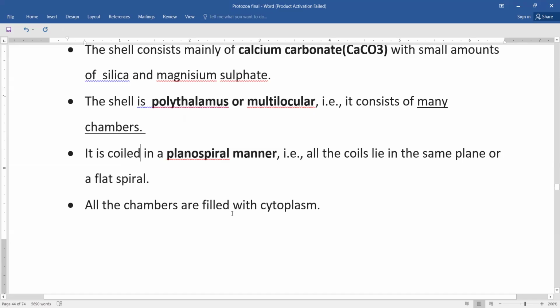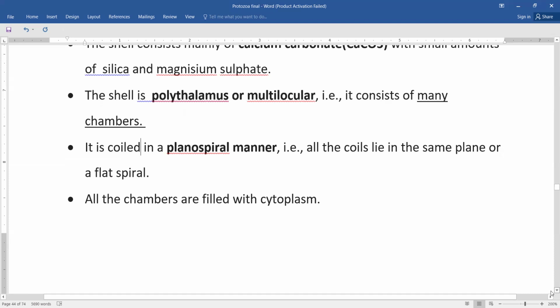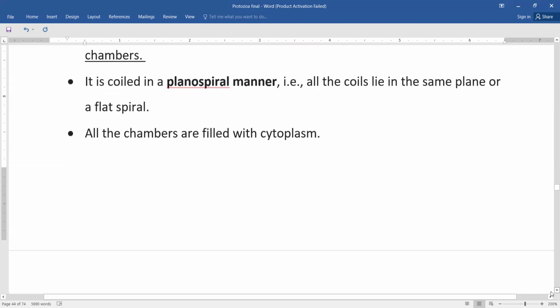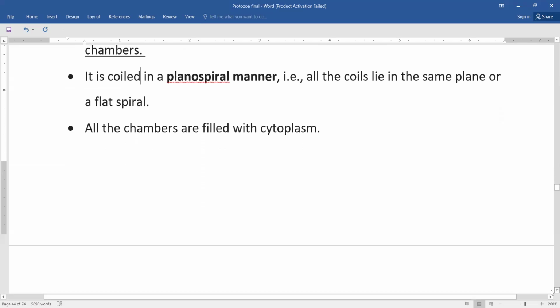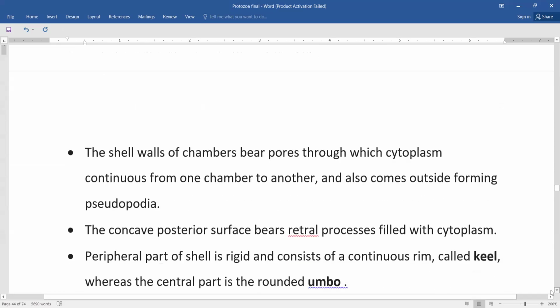All the chambers are filled with cytoplasm. You should remember one thing: unlike Amoeba, Paramecium, Trypanosoma, or any other protozoan, it doesn't contain a plasma membrane or pellicle. It contains only a shell. That's why it is also known as a naked animal.